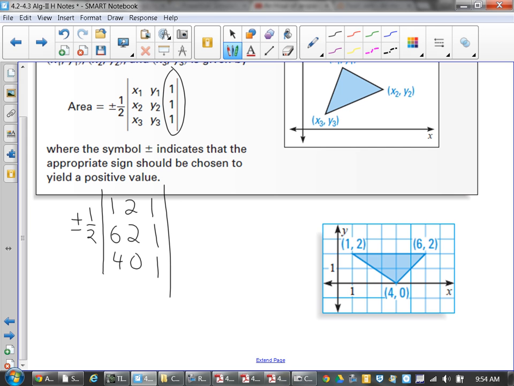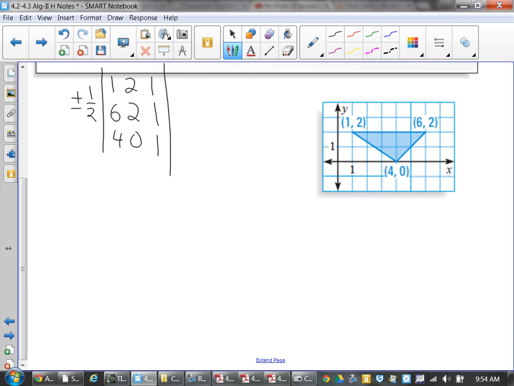Okay? So when you go through your determinant here, scroll this up some, it's going to be plus or minus 1/2 times all the junk of, well, 1, 2, 1, plus 2, 1, 4, plus 1, 6, 0.